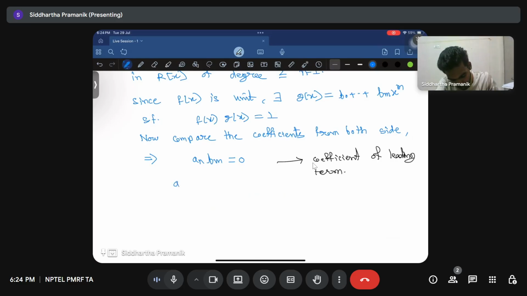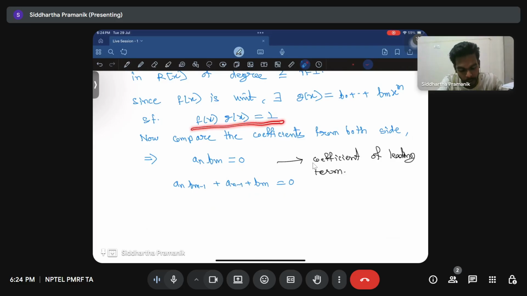It will be an times bm minus 1 plus an minus 1 times bm. This is also 0, right? Since on the right hand side only the constant term survives, on the left hand side also only the constant term will survive. All other coefficients must be 0.